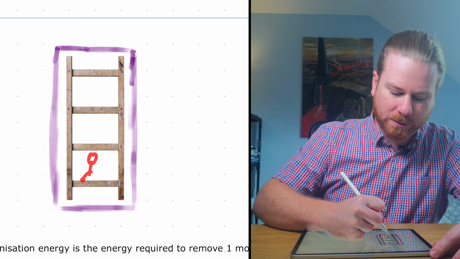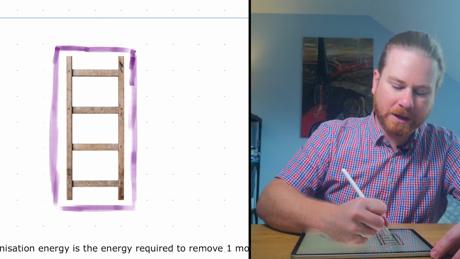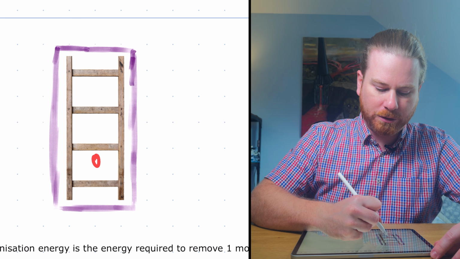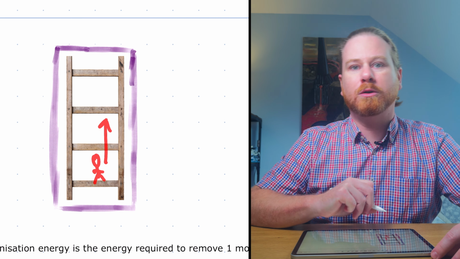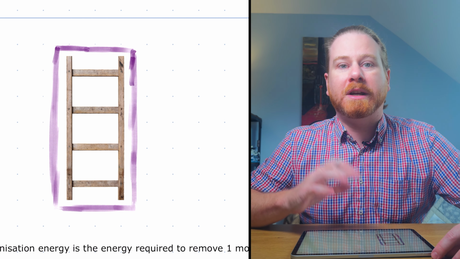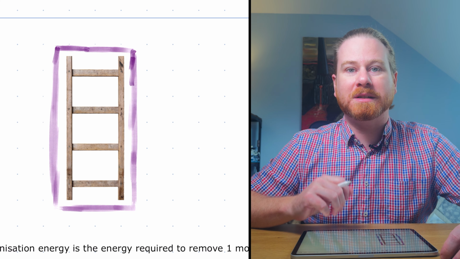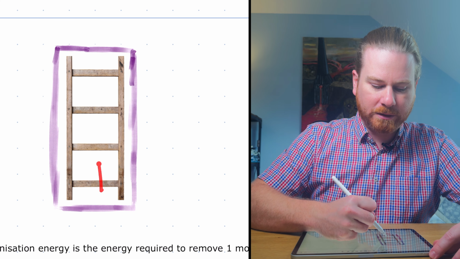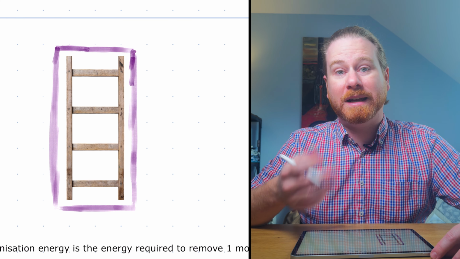If you're very small, you don't start up here and then appear over here. When you climb a ladder, you slowly make your way up, so you can't disappear and then reappear. This is the same as electrons. Once you've gone past the convergence limit, they can be anywhere on the ladder. They can have any energy.